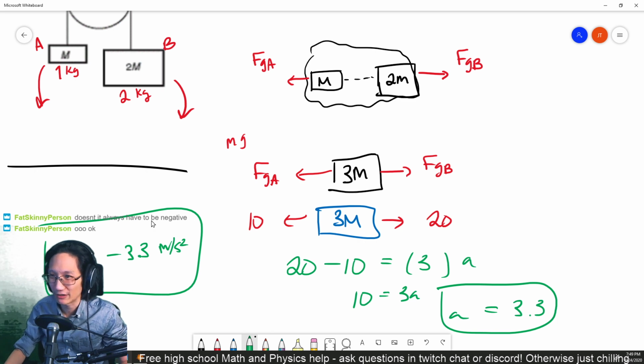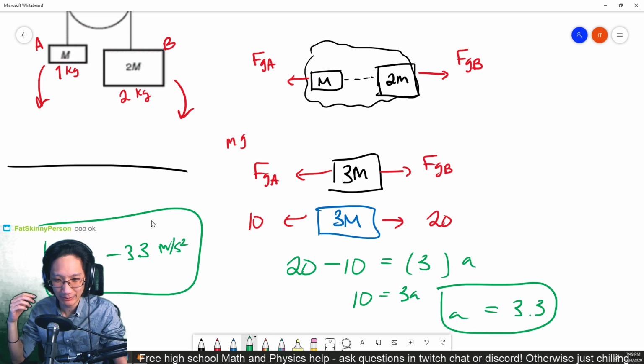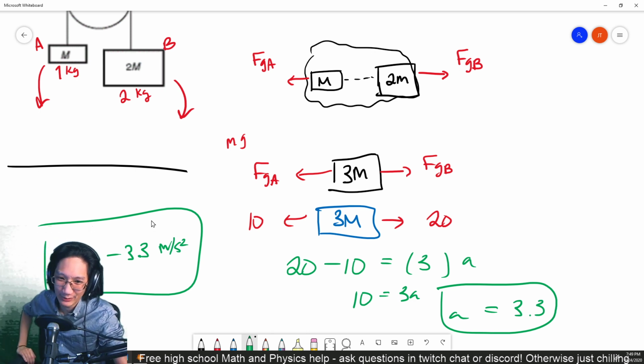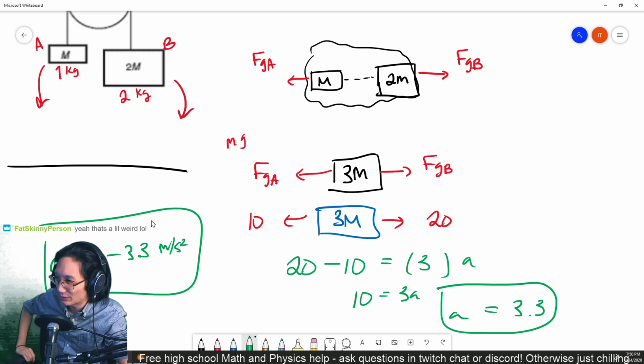I would write this down if I was specifically asked for the acceleration of B. But yeah, on a free response question on the AP test or something, they probably wouldn't mark you off if you just put positive 3.3, mostly because they don't know how you defined positive and negative. You could have been a weirdo and defined down to be positive and up to be negative for all they know, and you would still be technically correct when you wrote a is positive 3.3, right?